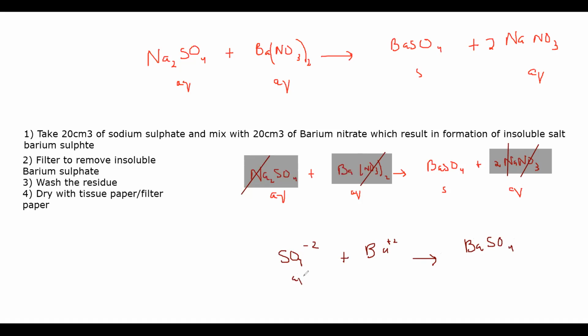So aqueous and solid. Is it clear? So this is the ionic equation for this reaction. The question which you will find related to this topic is writing an experiment to prepare the insoluble salt and writing an ionic equation for that reaction.